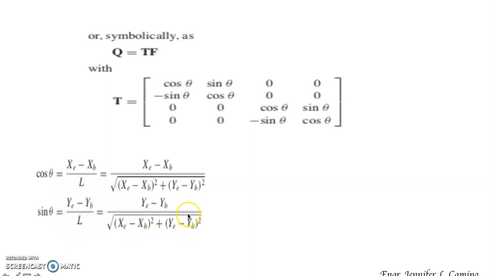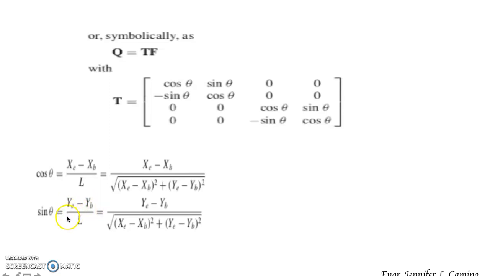How about this one? This can be used if the member is in an inclined position, and of course you're going to get the y component for your member. You're going to use this equation. So what is y sub e and y sub b?